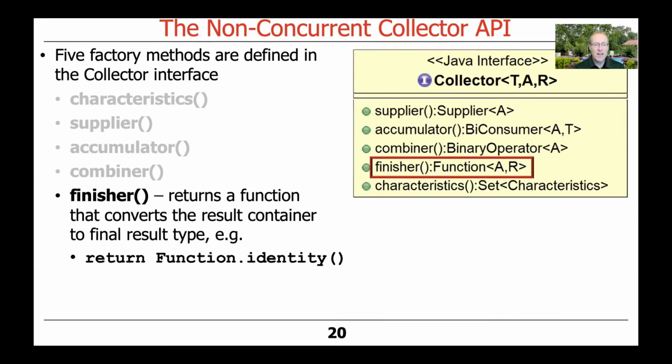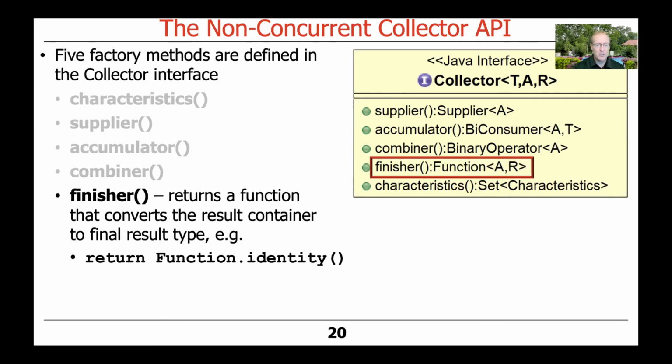And then the fifth and final factory method returns a function that converts the result container to its final result type. This is what's known as the finisher. As you can see here, the finisher could do various things. If it's just going to give back the existing mutable result container that's got all the elements accumulated into it and combined into it by that point, then all it needs to do is just return Function.identity.